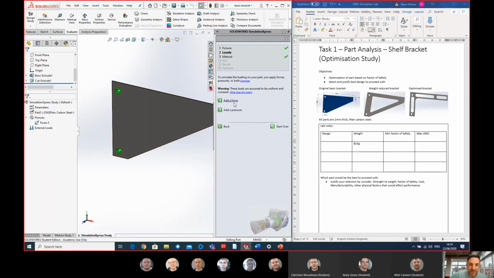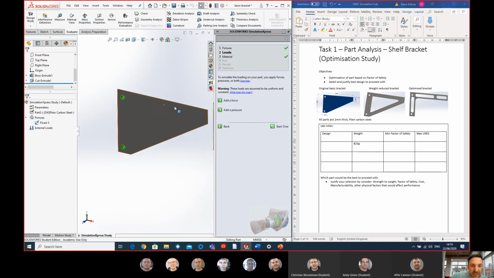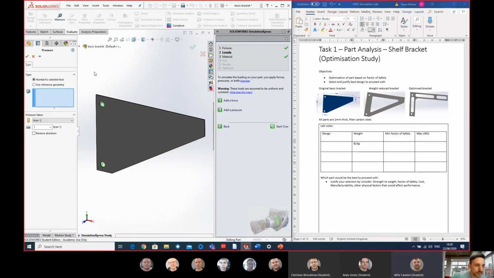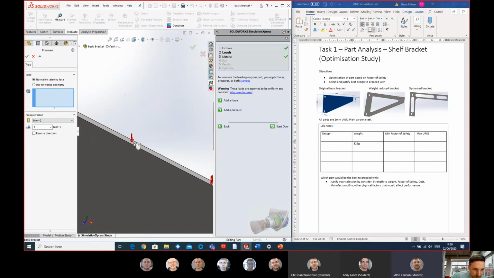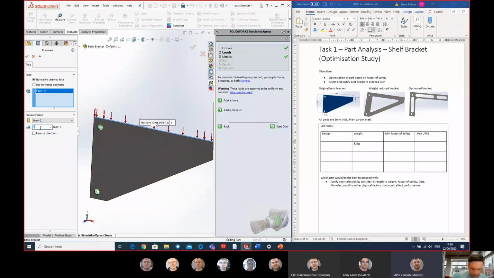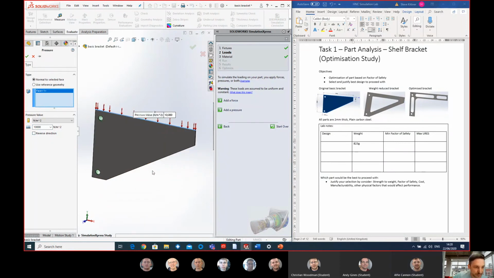Then we're going to add a pressure this time. Because this is a shelf, there's going to be a constant pressure sat down on this top lip. So I'm going to hit add pressure, and I'm going to select the top. And we're going to put a pressure on of 10,000 newtons. Does anyone know how much that is in tons?